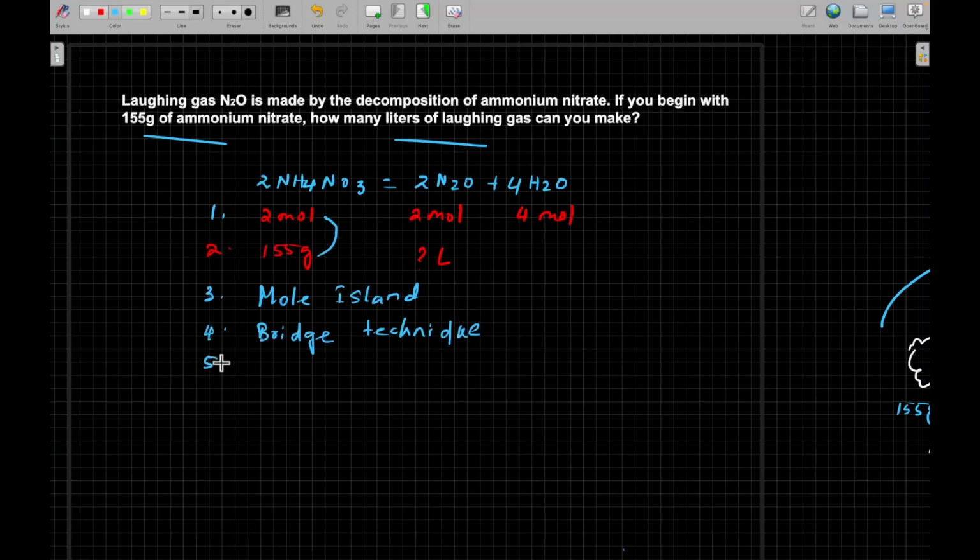So to apply the bridge technique, we are going to use the given and find format to plug in the information very easily and find the final product information. So let's start. The given information we are going to apply is the information that is available from the word problem.